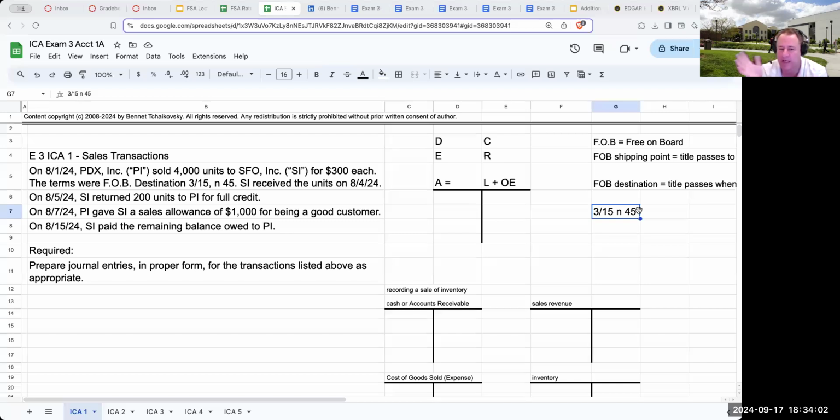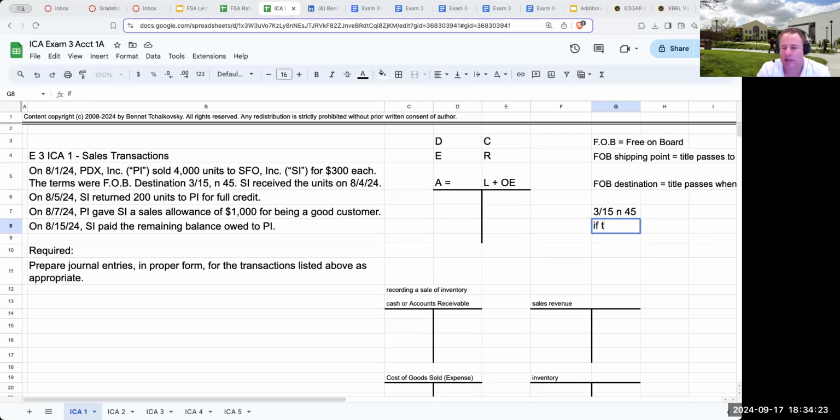So before PDX sells to SFO, they're going to want to do a credit check, right? We want to make sure we know who we're doing business with. We are then going to extend SFO credit terms if it's appropriate. So when we're selling, this 3/15 refers to the discount.